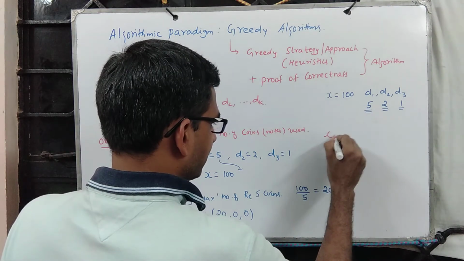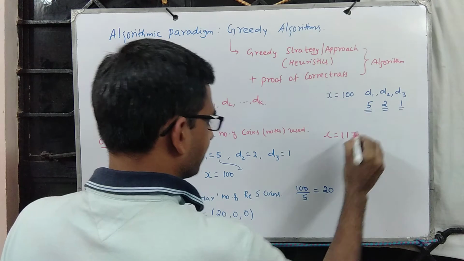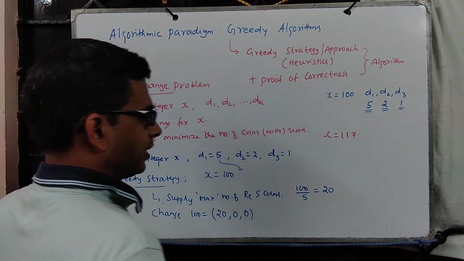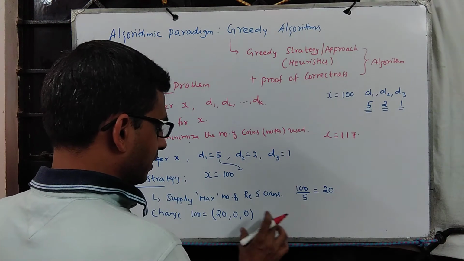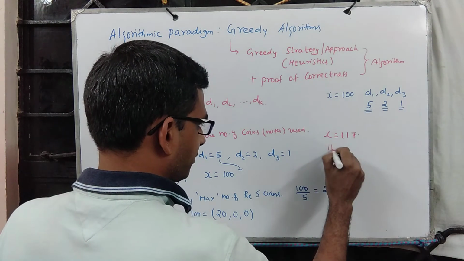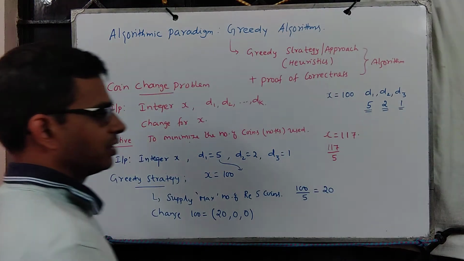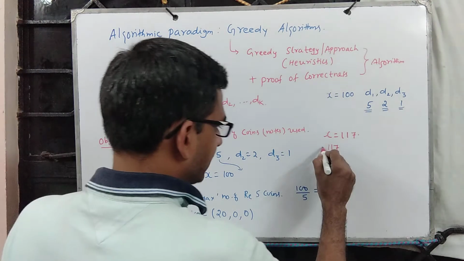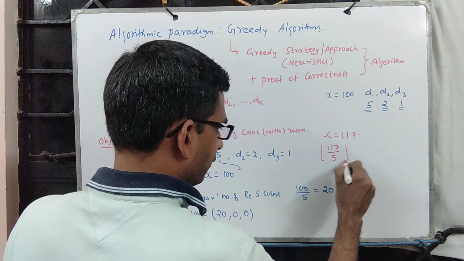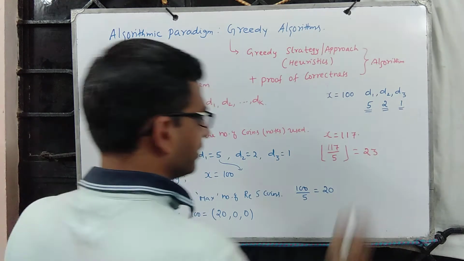Suppose x is something like 117. Then we try giving change using the maximum number of 5 rupee coins. The floor of 117 by 5 gives you 23.